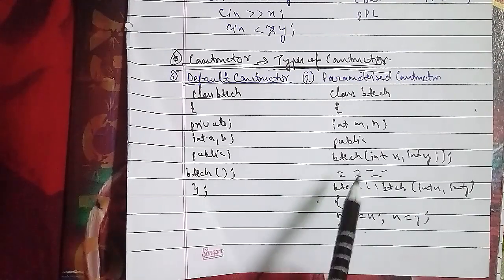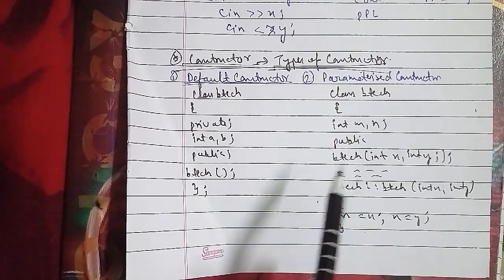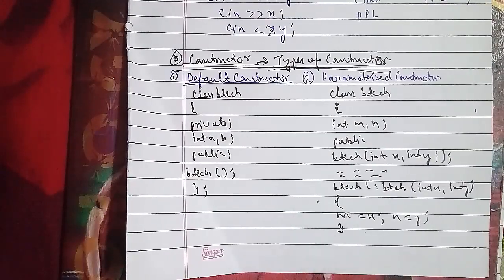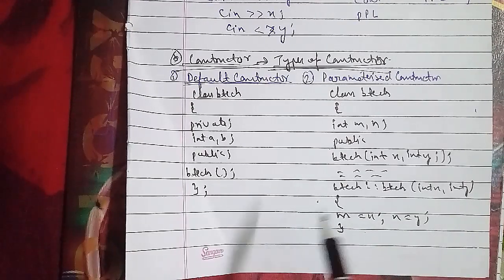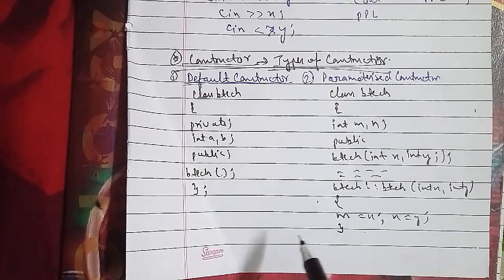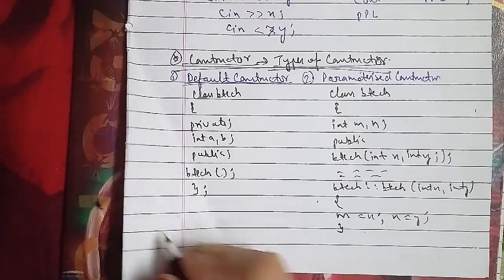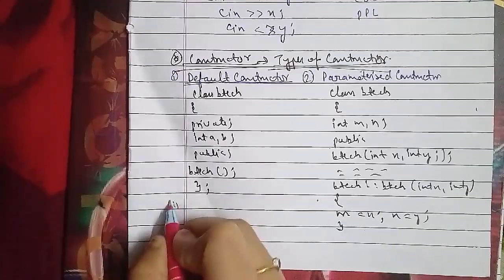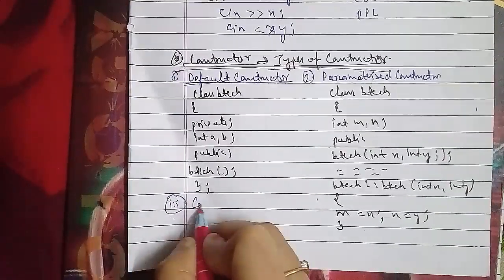For example, to invoke a copy constructor the programmer writes BTech b3(b2) or BTech b3 = b2. This is how a copy constructor is used.